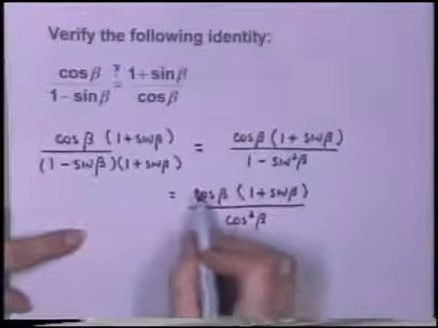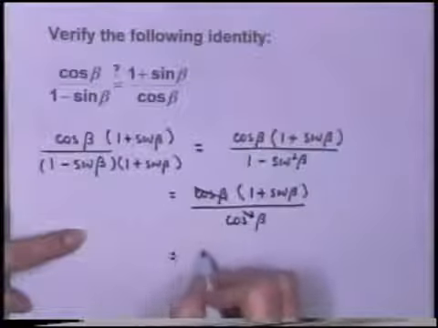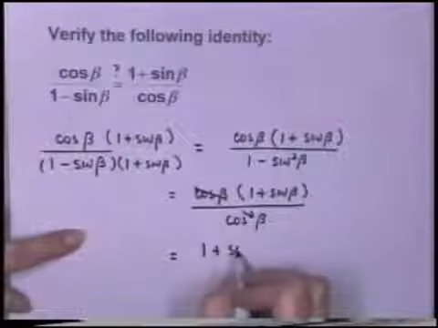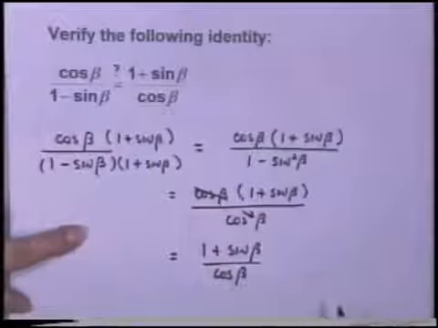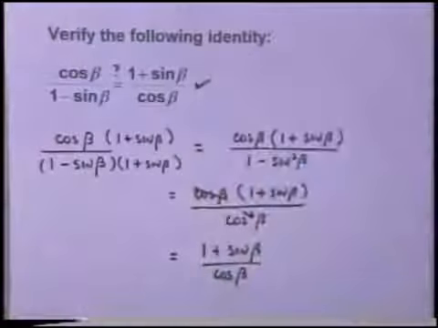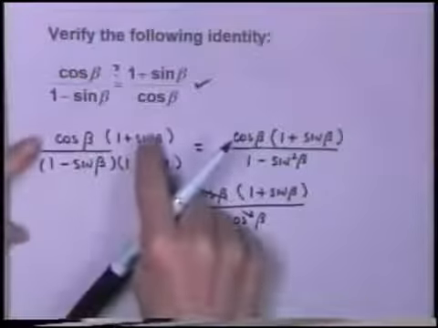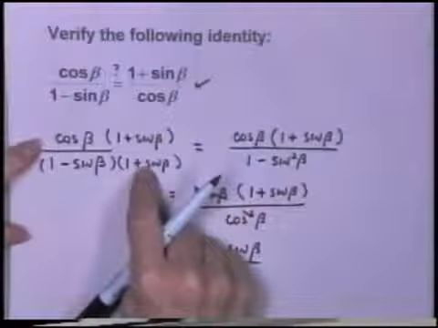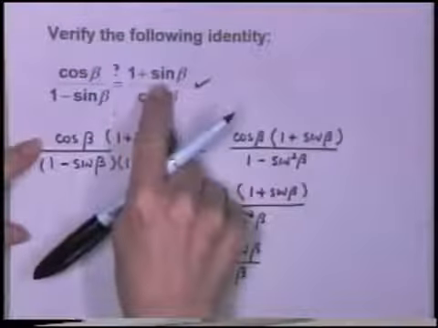Now look at this factor. We can cancel, can't we? Cosine beta will cancel one of these cosines down here in the denominator, and I will have produced exactly what I wanted to produce. 1 plus sine beta over cosine beta. So the trick, if you will, was to multiply the numerator and denominator here by 1 plus sine beta.